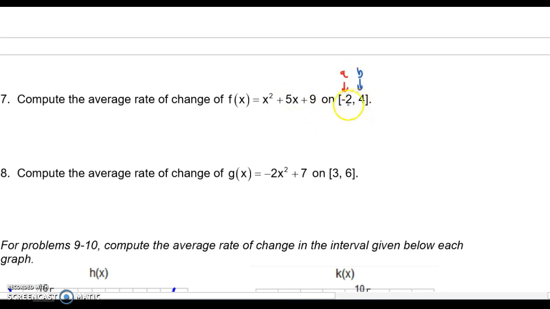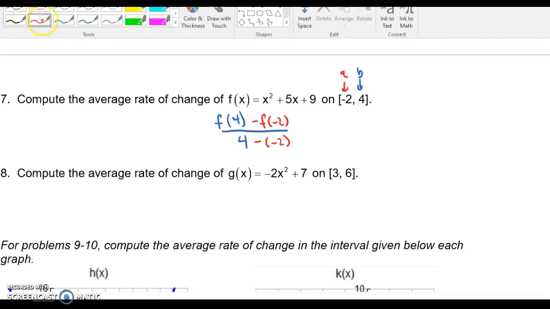So when we have a 4 here for our B value, we're going to find f of 4. Oops, I wrote B. I should have written 4. So f of 4, and then minus f of -2, and then divided by, and this is where we have to be a little bit careful with the negatives, 4 minus -2.